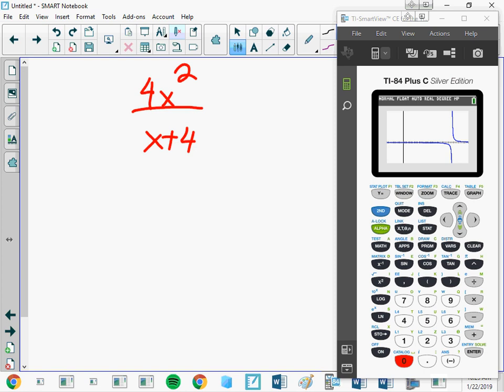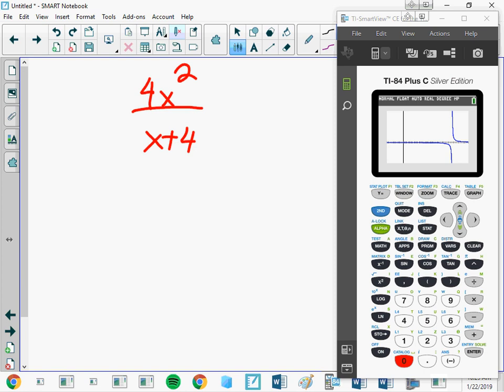How do I know this has a slant asymptote? The top is bigger, but that's not it. The top is 1 bigger, right? What if the top is 2 degrees bigger? Then it's a parabola asymptote.